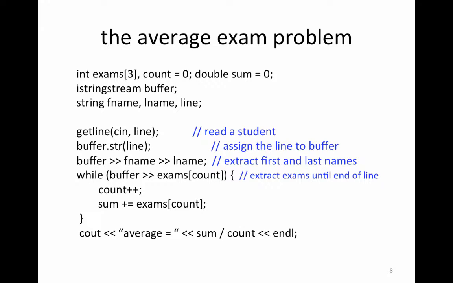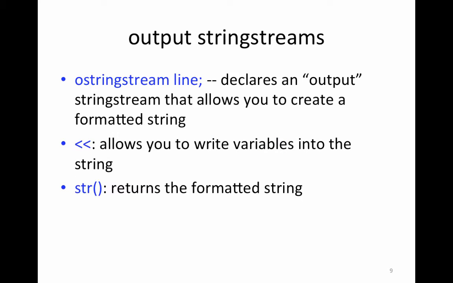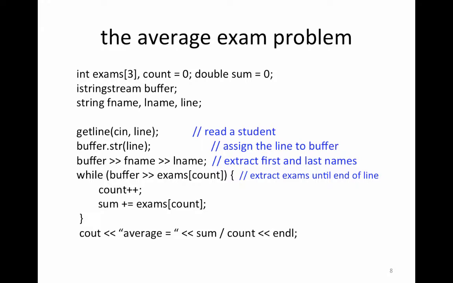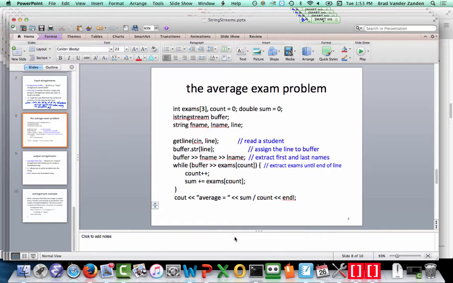So questions about that? Okay, that worked for a single line. Let's say that I wanted to read the entire file, then it's a little different. Now I have to say while getline because I'm reading the entire file.